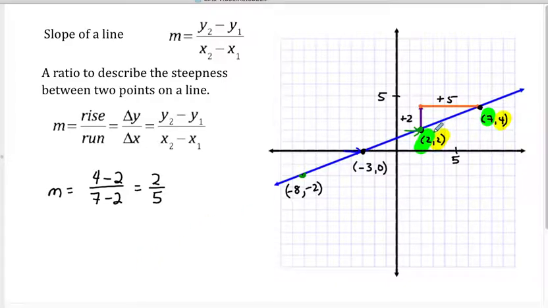So again, this was my x1 value, and this is my y1 value, my first y. This is my x2 value, and this is my y2 value. And I can just insert those straight into the formula, straight into the rule. So those are three ways that you can identify the slope of a line.